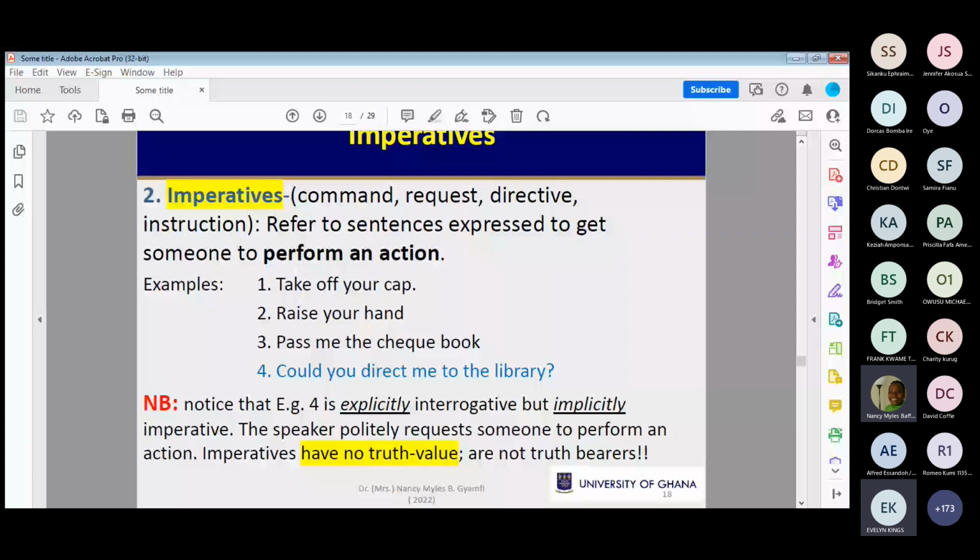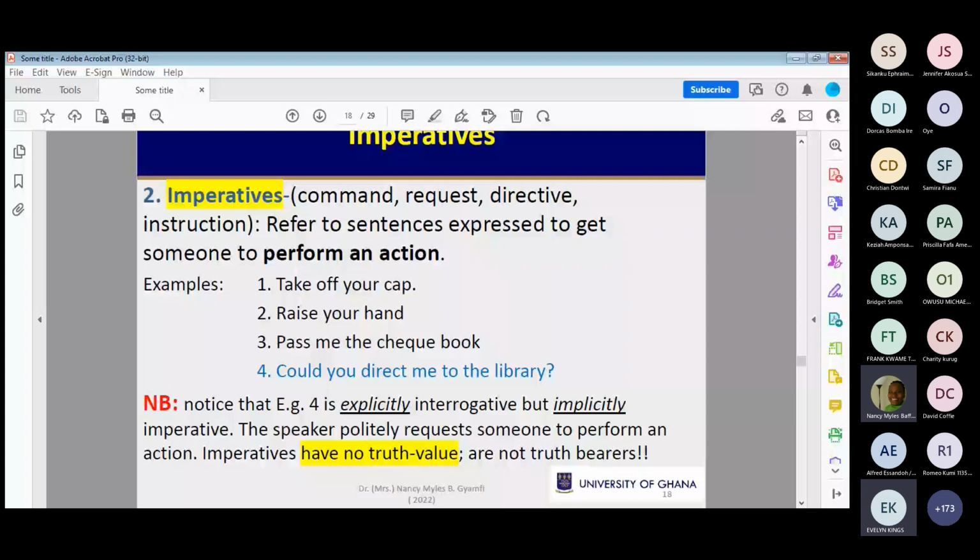No. You are so happy that such a big personality has come to you. You will be respectful. Could you raise your hand? Could you turn around? Would you prefer this? It will come with a question mark. But the intention is for you to do. So it is still imperative, but on the surface of it, explicitly, it presents as if it's what? A question. That's why it comes with a question mark.